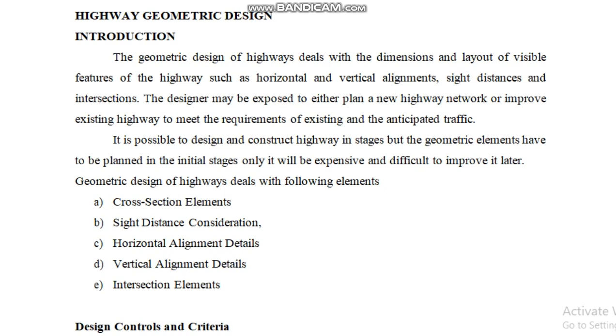In that, if we are designing for a horizontal curve, then we are supposed to work on stopping sight distance, overtaking sight distance, and then intermediate sight distance. Then if we are working on vertical curve design, we are supposed to work on headlight sight distance.